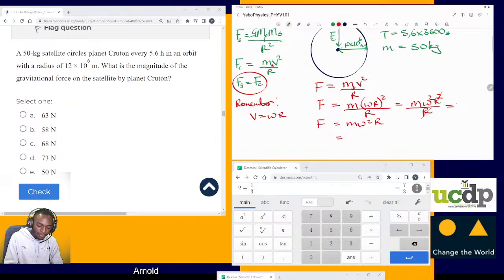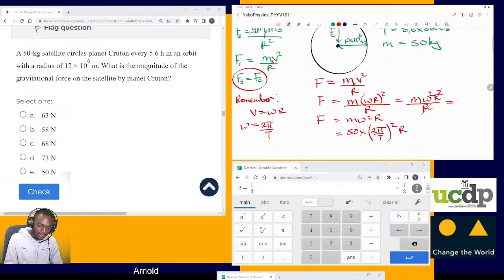And the mass is 50. And the angular velocity omega is equal to 2 pi over the period. It's something that you should recall. So this will be 50 times 2 pi over T, squared, times the radius.